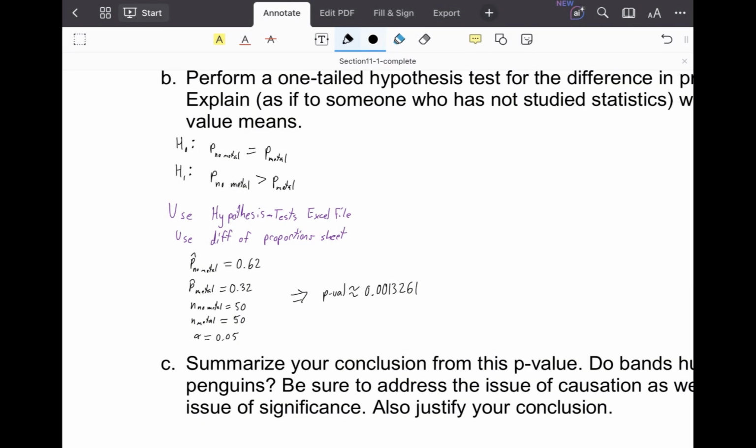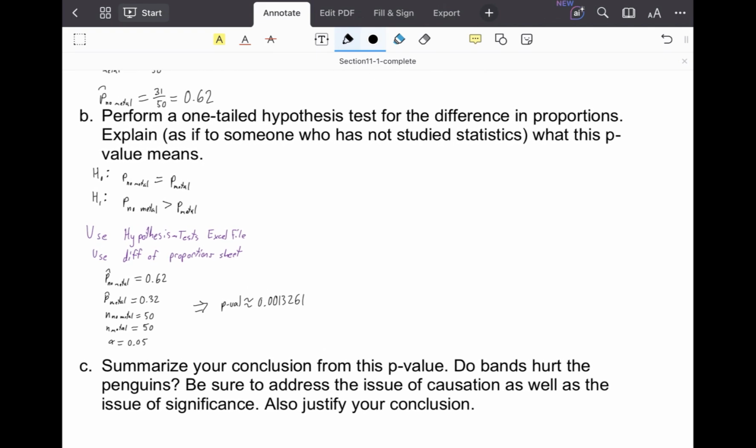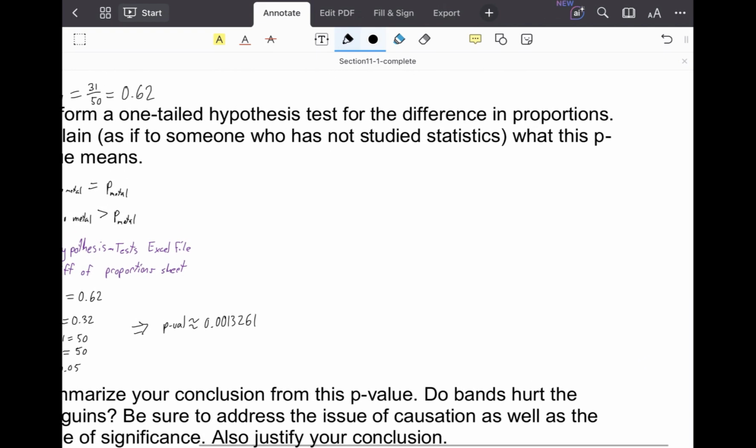Okay, now our p-value is small, and it says, explain as if someone has not studied statistics. Well, we're going to try our best with that.